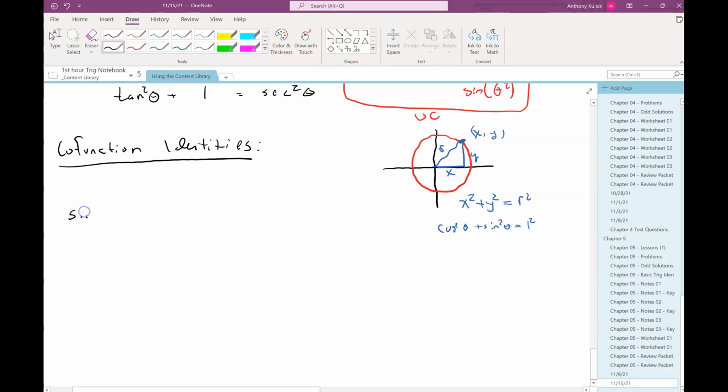So we can say sine of, now we're going to write this in radians. So instead of writing 90, I'm going to write pi over 2. And this relationship works both ways.